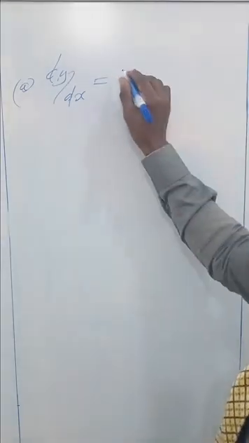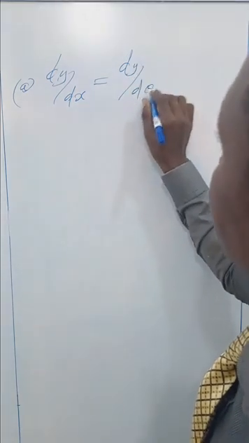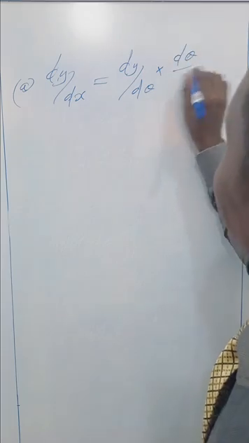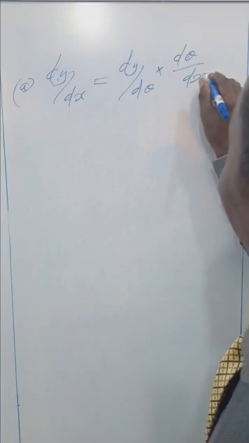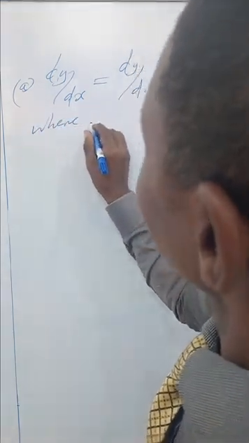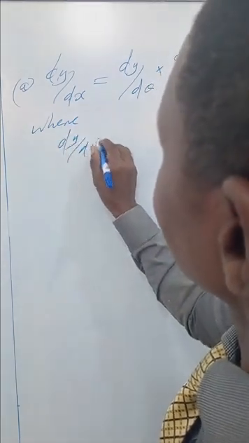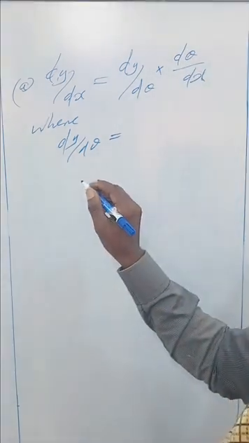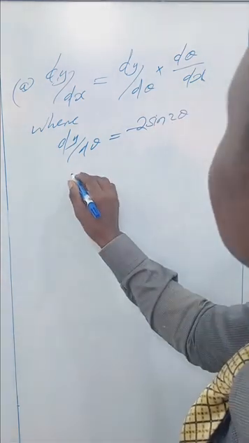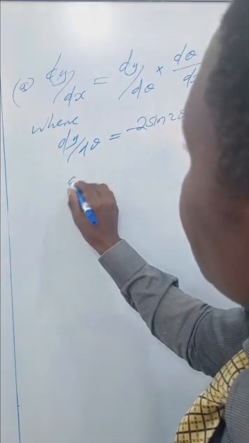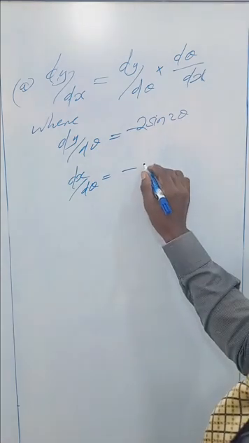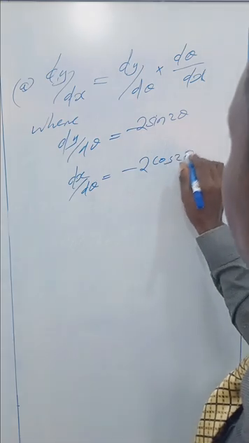This one equals dy/d theta times d theta/dx. Where dy/d theta equals negative 2 sine 2 theta, and dx/d theta equals negative 2 cos 2 theta.